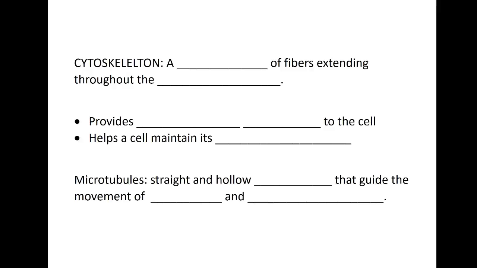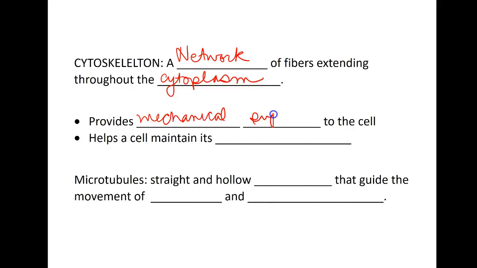So here are your guided notes. The cytoskeleton is a network of fibers extending through the cytoplasm. It provides mechanical support to the cell and helps the cell maintain its shape.